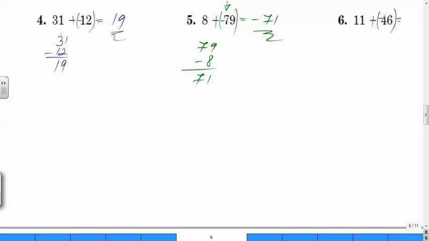Alright? The answer will be negative because the largest one in absolute value is negative. You subtract the smallest absolute value, 11, from the largest absolute value. And that will give you what? 1 out of 6, 5. 1 out of 4, 3. The answer would be 35 with the negative sign because the largest number was negative. And you're done.